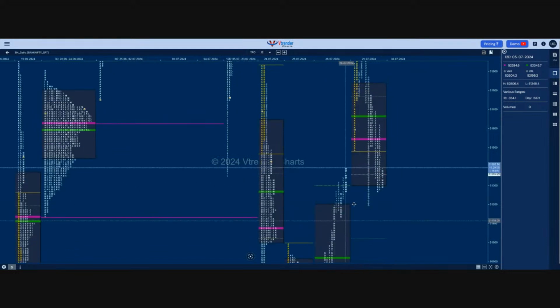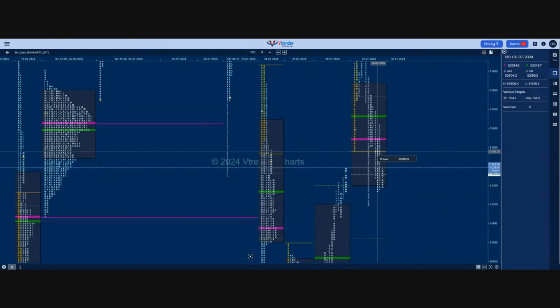But what we have done is we have got rejected from this Friday's profile. This key period halfback of 51196 was where we made the lows today. And we have left a small tail at the previous day's range.